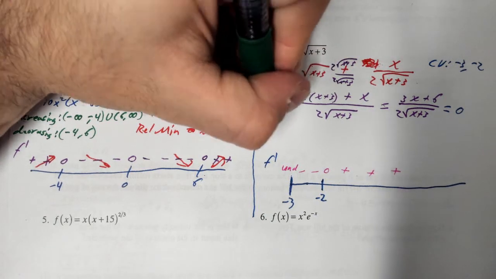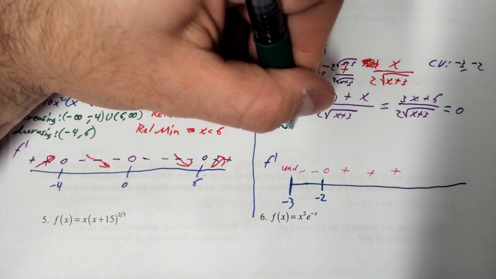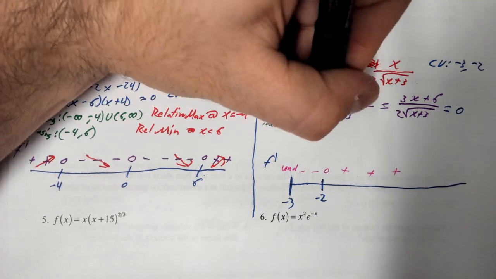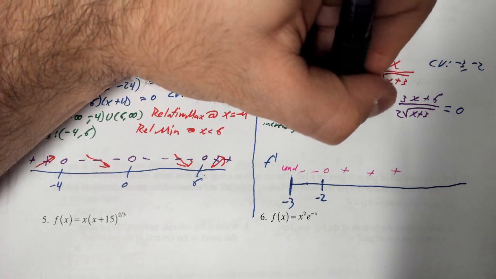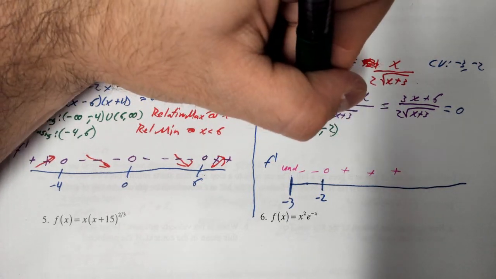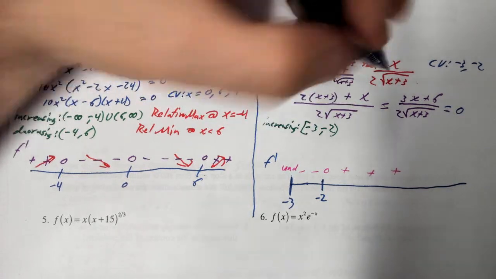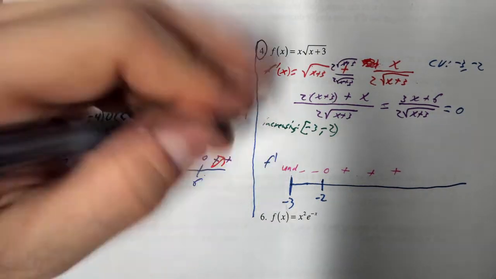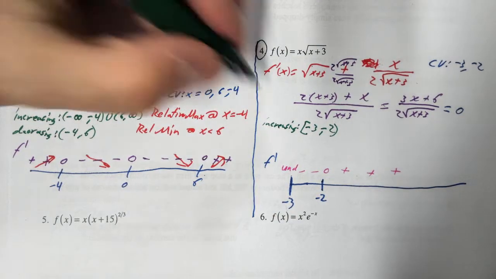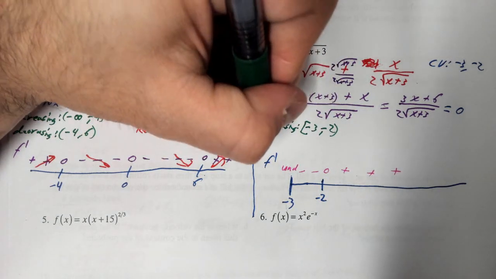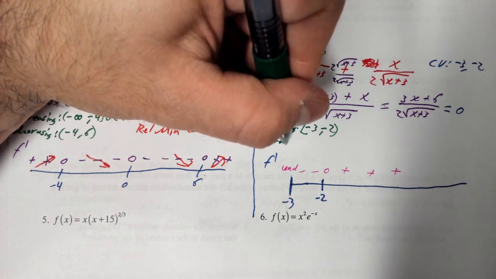So we are increasing between negative 3 and negative 2. I'm going to put a hard bracket on that, because at negative 3 it is solidly the end; there's not even anything left of it.